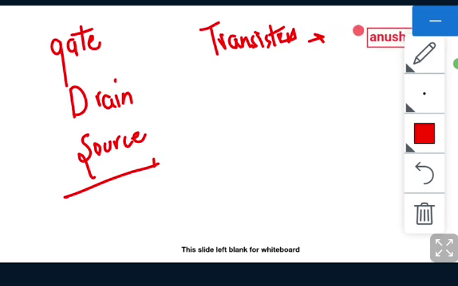So it's a current control device, and they have the base, collector, and emitter, right? The three terminals they have. Pardon, I didn't hear you there. Can you hear me now? Yes, I can hear you. So when we were studying NPN or PNP transistors, they have the three terminals, that is base, collector, and emitter, right?